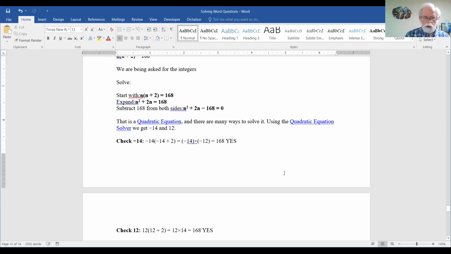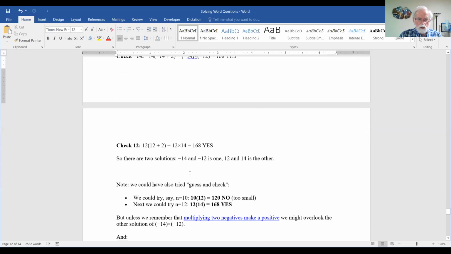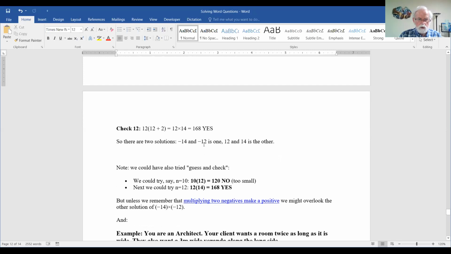The quadratic equation solver gives us 12 and 14, and minus 14 and minus 12. We know that there are minus 14 and plus 12. That's not quite 2 consecutive integers. Minus 14 and minus 12 is one, 12 and 14 is the other.